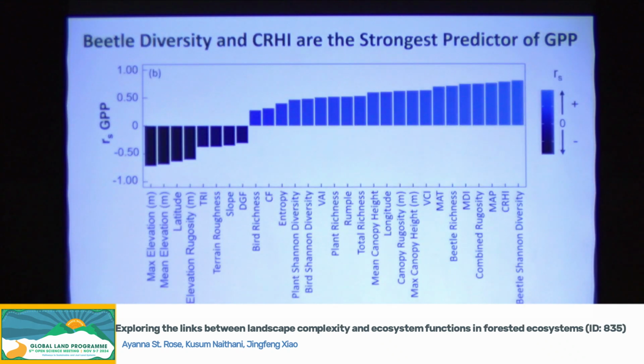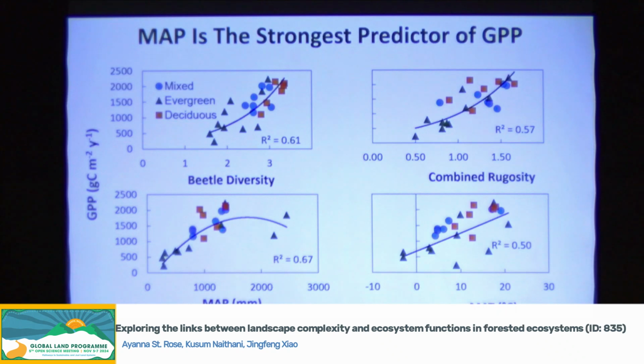Moving on to gross primary productivity, we see similar results. And surprisingly, again, beetle-Shannon diversity comes up as a very important variable, and we have mean annual precipitation and a combined rugosity metric. Looking at the bivariate plots, very similar, with mean annual precipitation as one of the top predictors.